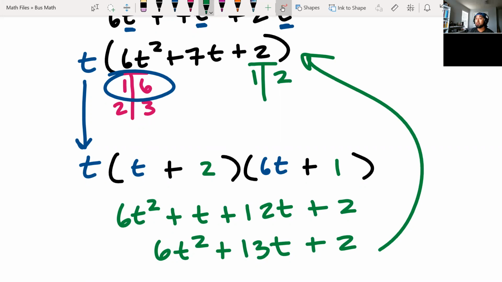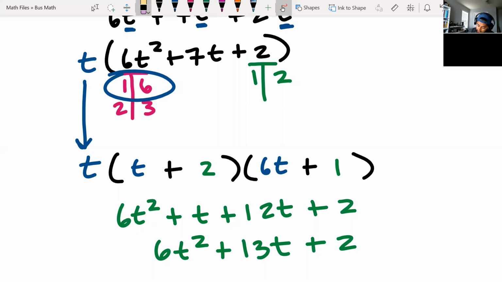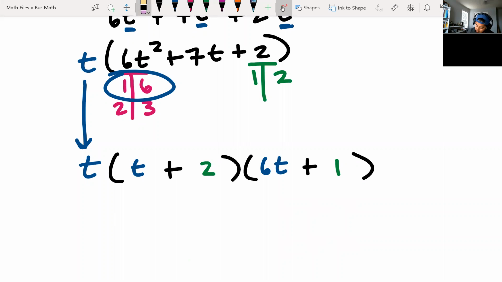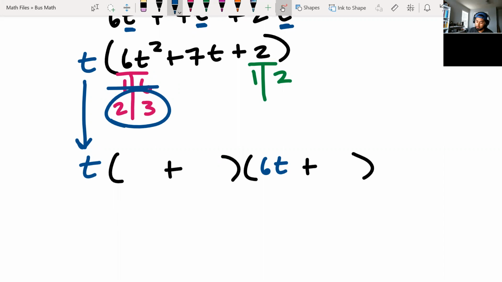So this means that which factors of 6 will not work? 1 and 6, which means we move on to what other factors are left? 2 and 3. We've exhausted 1 and 6. Now we go to 2 and 3. So I'll say 2t, 3t, and where should I place the 1 and 2?